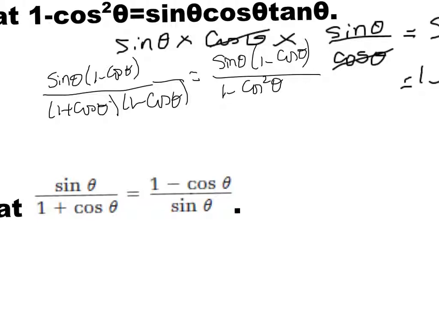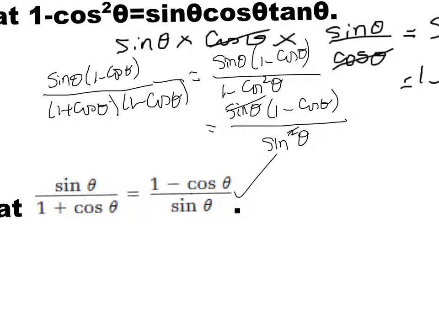Now, by the Pythagorean identity, 1 minus cos squared theta is what? Sine squared theta. Excellent. So I get sine theta times 1 minus cos theta divided by sine squared theta. But now I can cancel out sine theta from the numerator and the denominator, and I get 1 minus cos theta divided by sine theta, which is the identity.